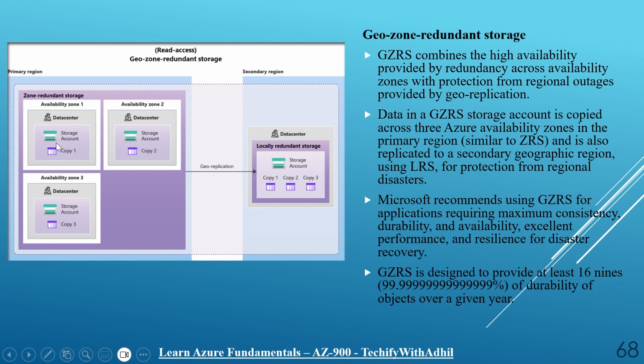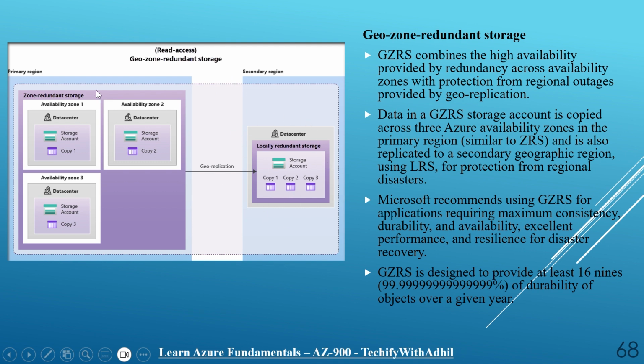So you have your data copy here. The data copy is distributed to 3 availability zones, meaning 3 data centers. So even if a data center is down, you will still be able to access the data. And there is also a copy of the data in a second region. There are 3 copies of data in the second region as LRS.